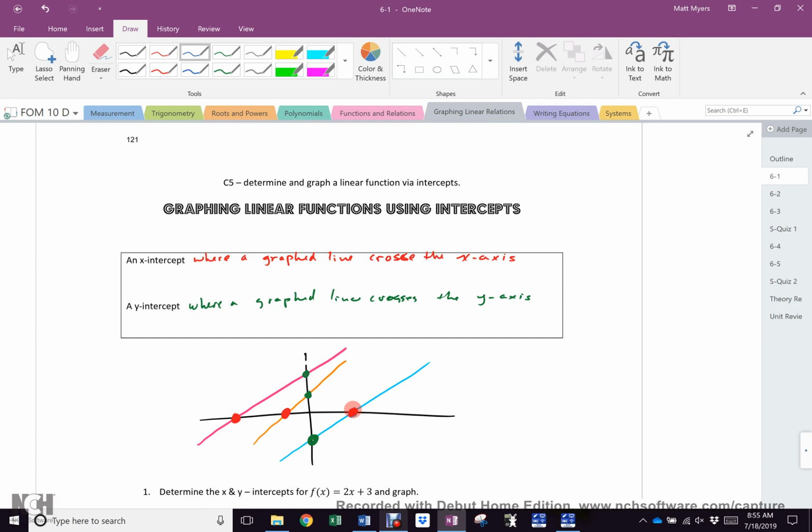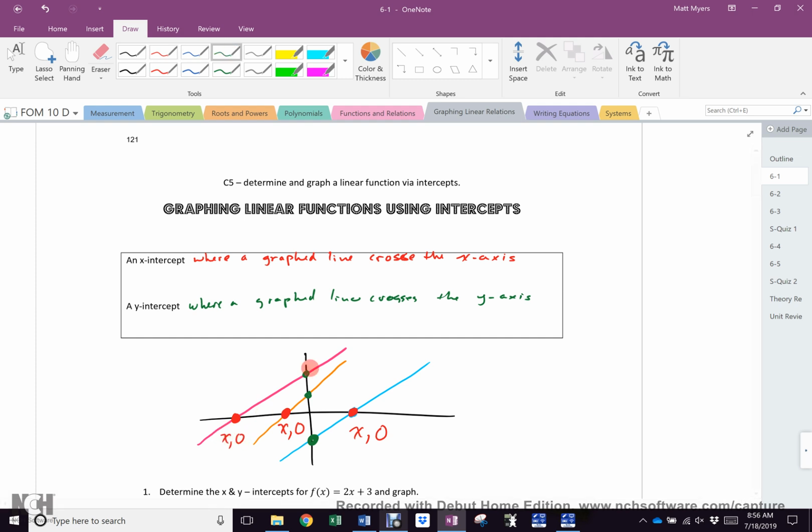What half? The 0. This is some value of x with a y value of 0, yes? It's some value of x and 0. What is this red dot? Some value of x and 0.